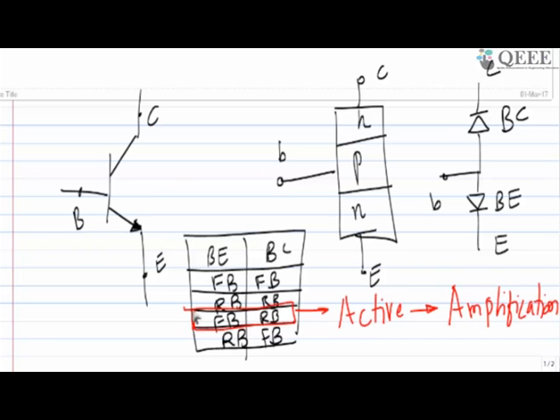So this is very important, that you have to keep your transistor in active mode of operation. If it is not there, then you cannot get the amplification, you will get some linear relation.